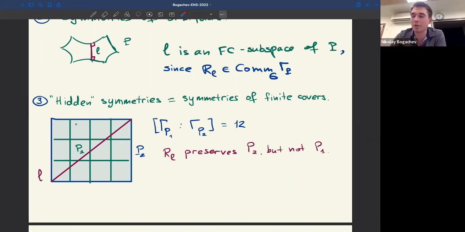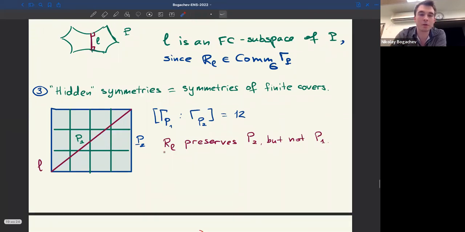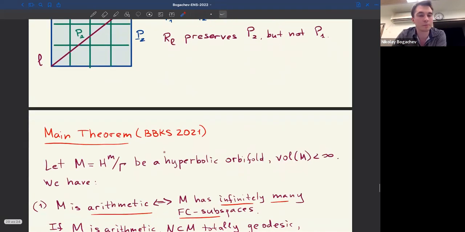I just wanted to give you an idea. So we may have no symmetries of the orbifold P1 itself, but we may have symmetries of finite covers, and this is okay. This will also give us an FC subspace of the ambient hyperbolic orbifold.